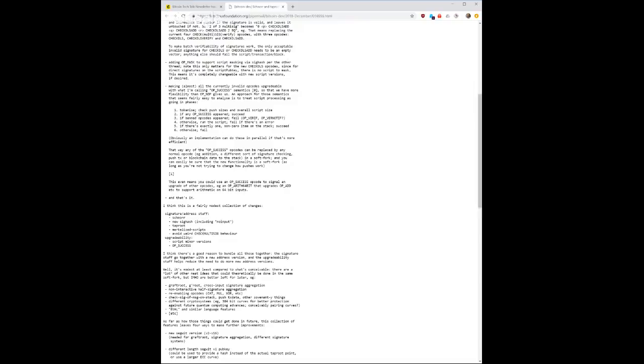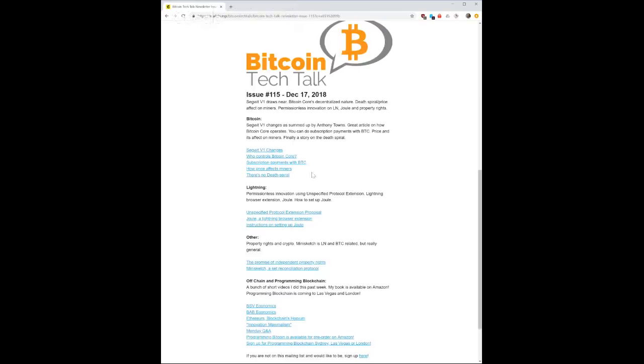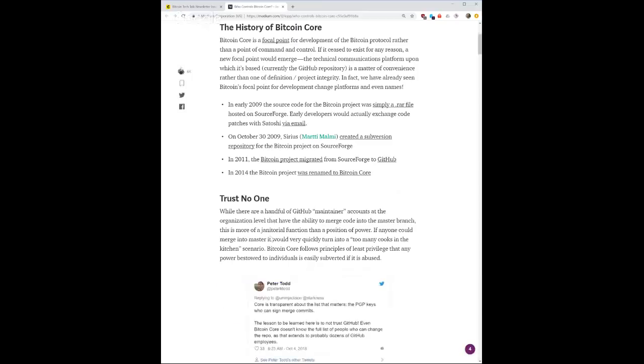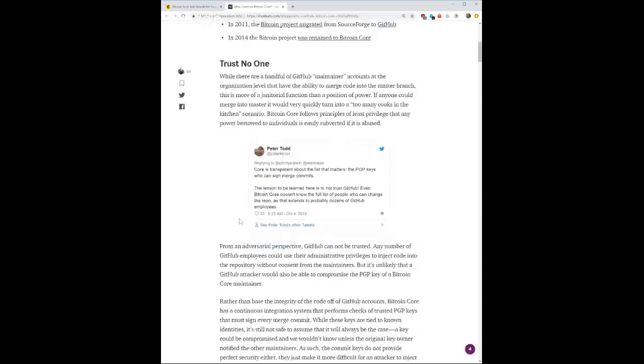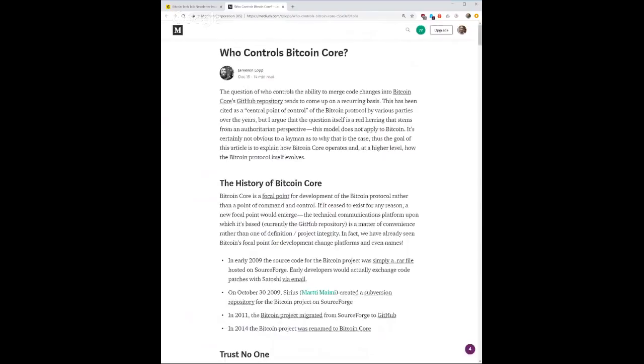All right, let's take a look at the next story. Who controls Bitcoin Core? Great story from Jameson Lopp. He goes through basically all the FUD that people have been saying for a long time about Bitcoin Core. I always tell people, okay, Bitcoin is decentralized. Everything else is centralized, including Bitcoin Cash, Bitcoin SV, Ethereum, even Monero or Zcash or whatever.